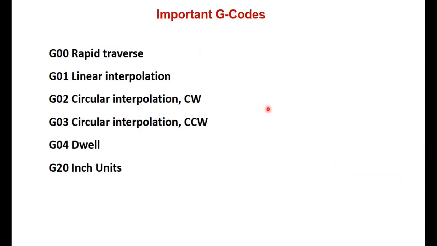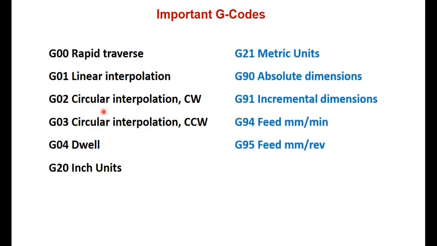Now there are further G codes and M codes, which remain almost the same as what we saw in the milling machine. So we'll just repeat a few. G00 rapid traverse, G01 linear interpolation, G02 circular interpolation clockwise, G03 circular interpolation counterclockwise, G04 dwell.